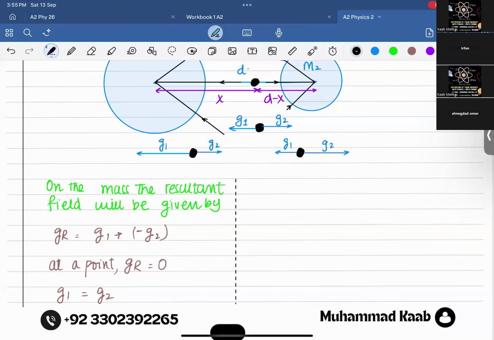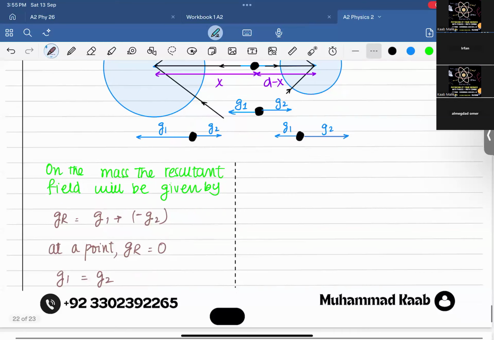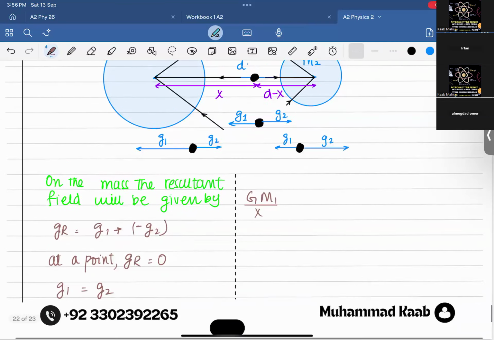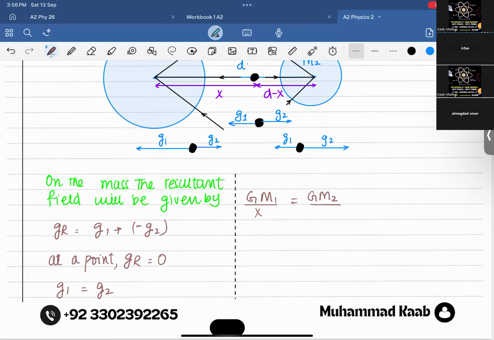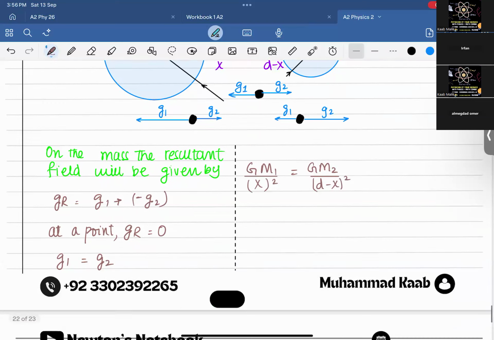So if we write down the gravitational field equation for the masses, it looks like this. G1 is basically GM1 over x squared, equal to GM2 over (d minus x) squared. You have to square both distances because the gravity formula contains the square in the denominator.